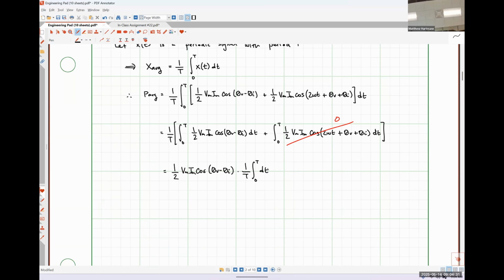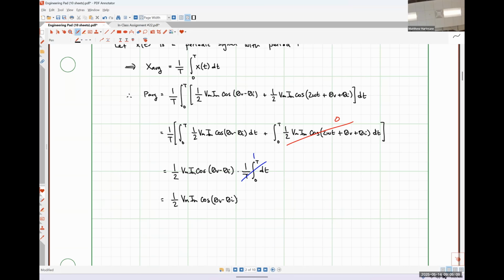of dt. The integral from 0 to capital T of dt is literally just capital T. So I have 1 over T times capital T, and this bit right here comes out to be 1. I'm left with an average power of 1/2 Vm Im cosine of theta v minus theta i, which is exactly what we gleaned from looking at the graph to begin with, okay?